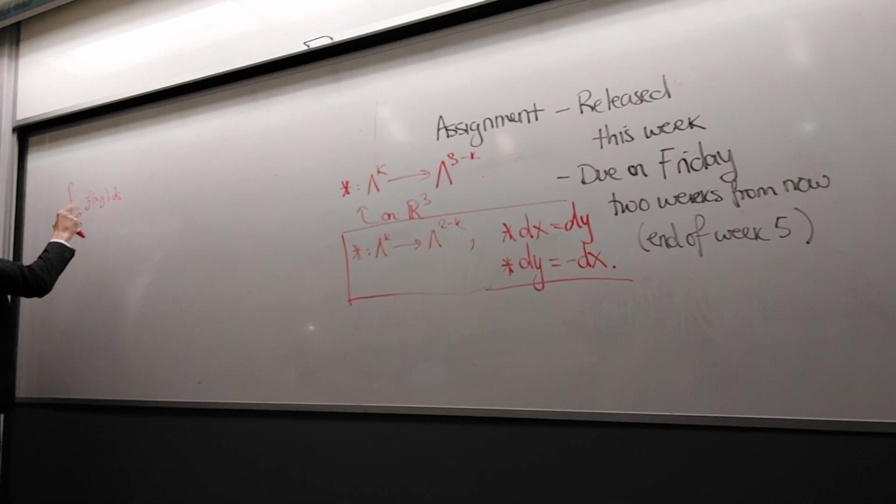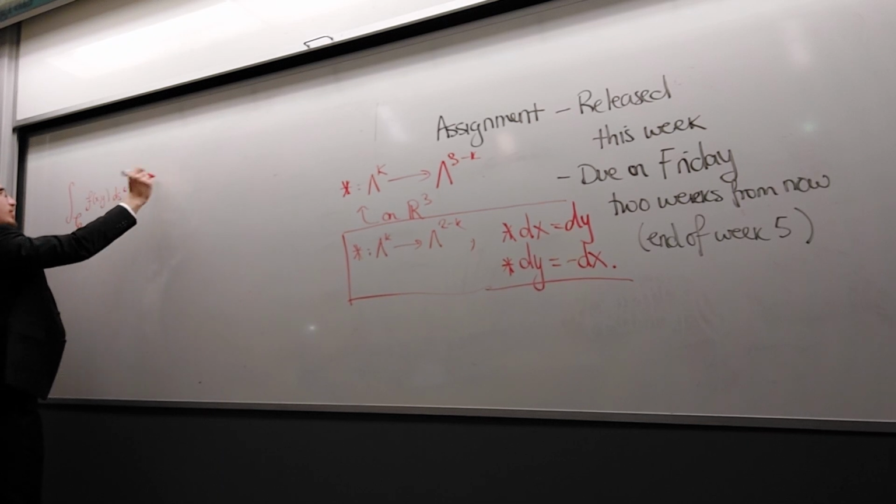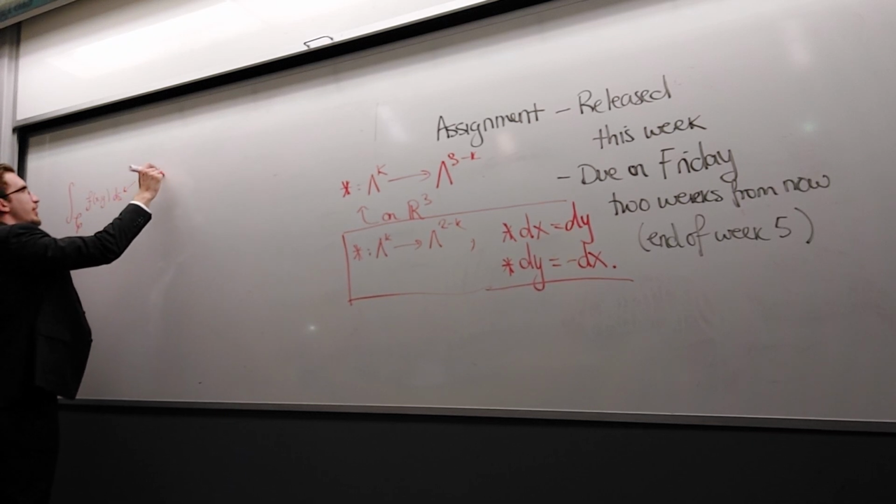Then if I'm integrating a function, I have this ds. What was the ds? Does anyone remember the word I used? This was the arc length element. Yeah, let's go with that.